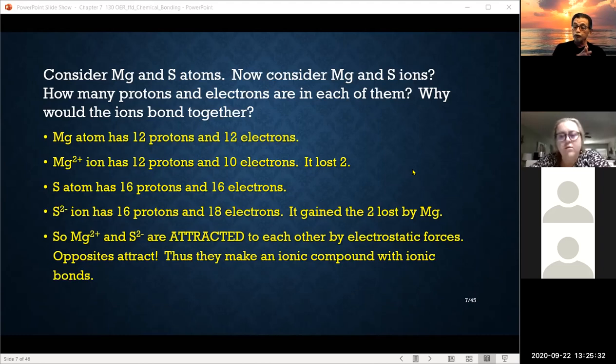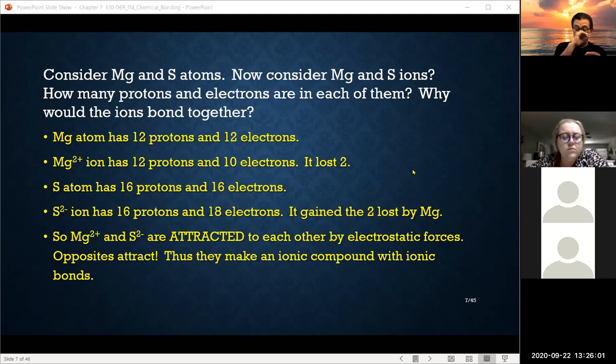It is in group 2A, so there's 2 valence electrons, plus it's a metal. Therefore, it will lose those 2 electrons. So now it has 12 protons. It didn't lose any protons, but it lost 2 electrons, and now it has 10 electrons. And so its net charge is now a positive 2.